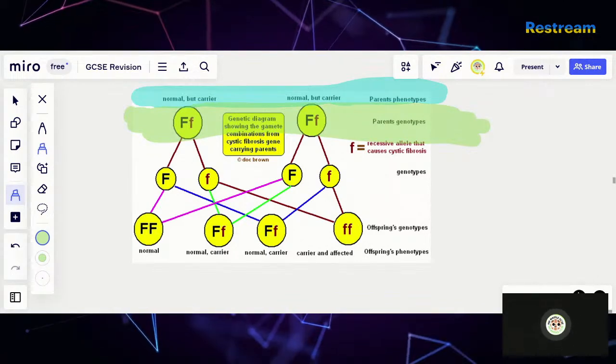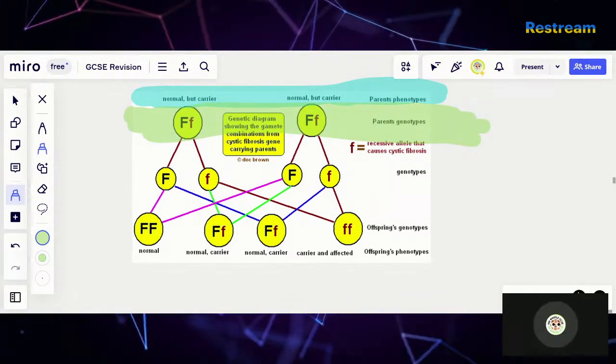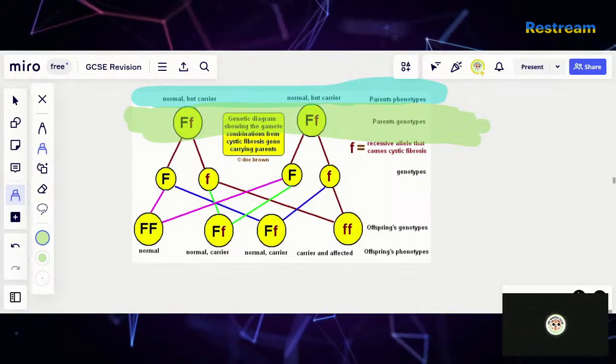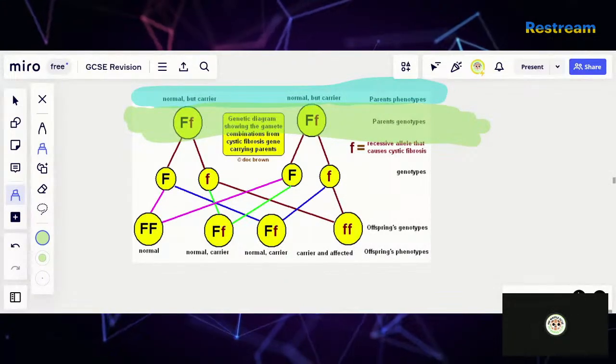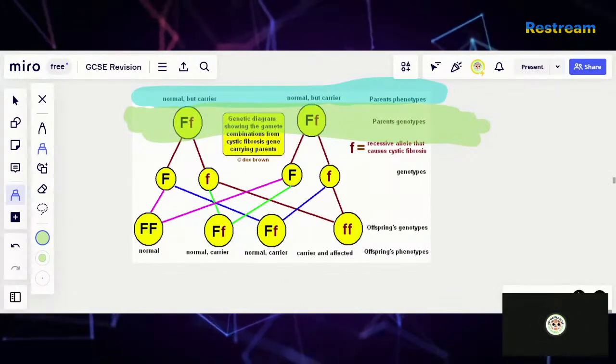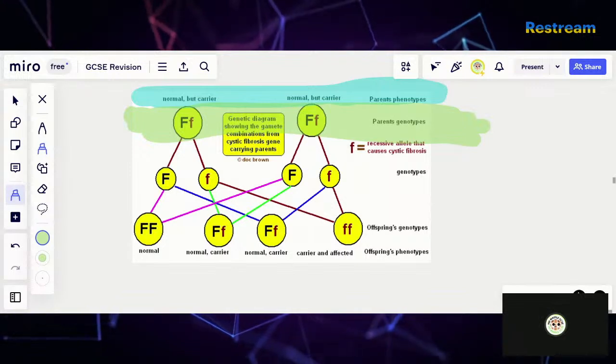And the genes will reflect the phenotype. Here you can see that they both have a dominant allele to be normal and a recessive allele, which highlights that they're carriers but they're not affected by it. So that's the second line.